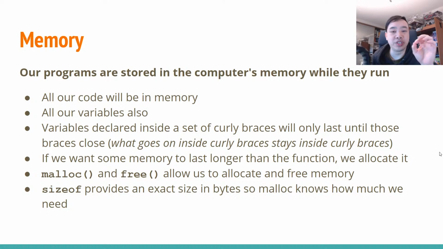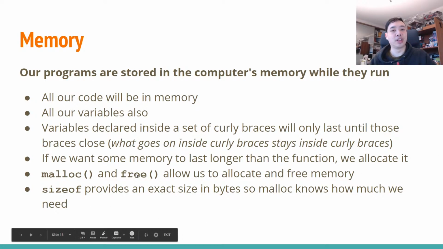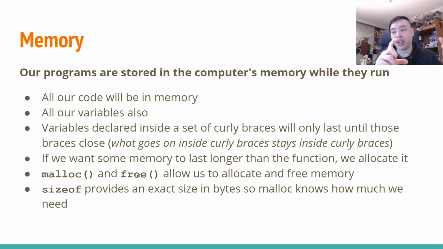If ever we want something to last longer than the curly braces, then we can do some manual memory allocation. So we had the functions malloc and free that would allow us to grab another piece of memory and say, this piece of memory is something that we're going to use, and we don't want any closing brackets or scope automatic destruction of my variables to happen to this particular one.